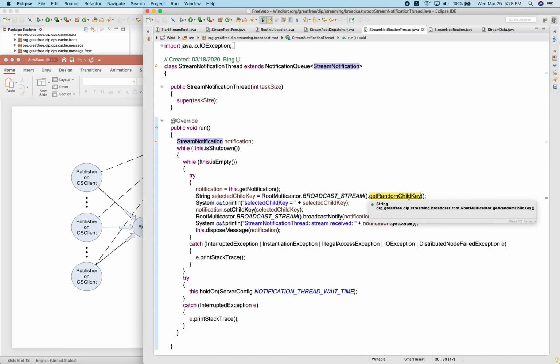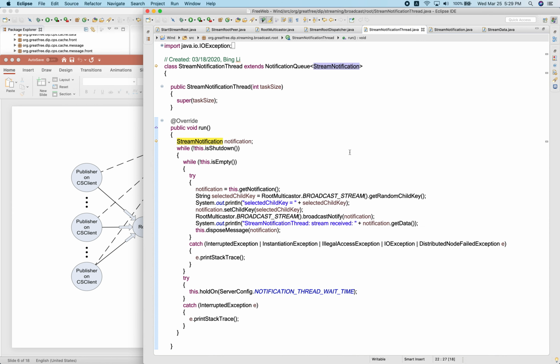However, because we focus on the distributed framework, at this time we do not talk about that. We just select one child from the multicasting framework randomly. Okay, so the K is displayed here, and the select child K is set.